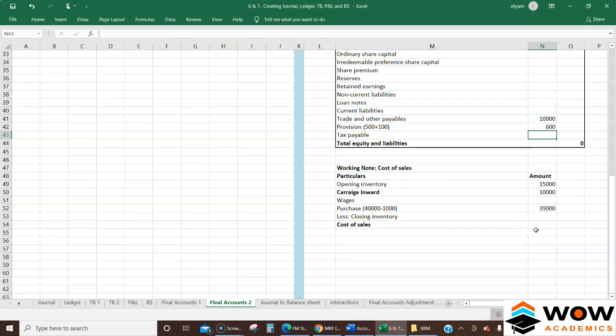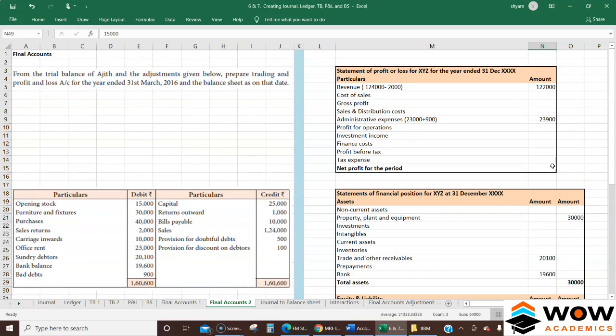So we'll get our closing cost of sales amount. Cost of sales amount comes to 64,000. So we'll get our profit from operations, and net profit is 3,400.